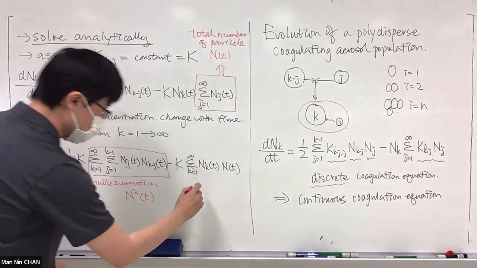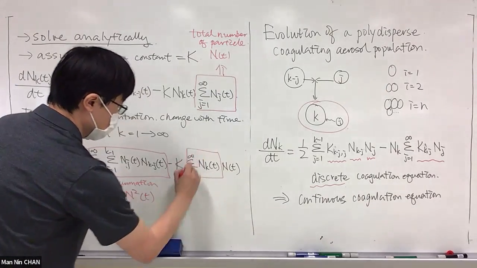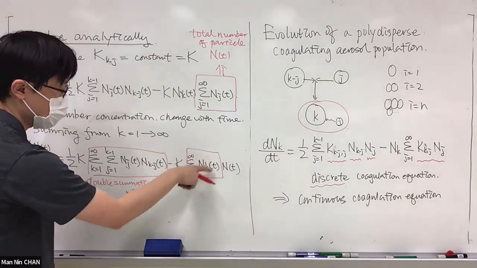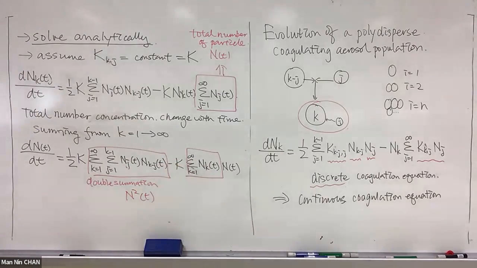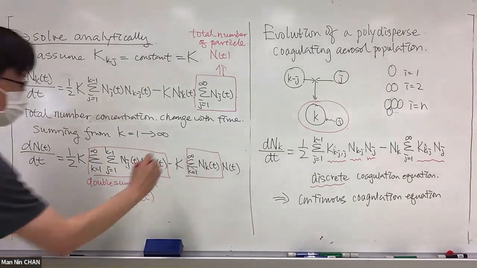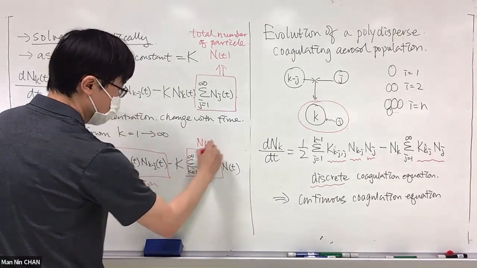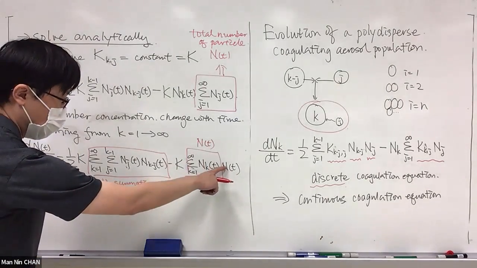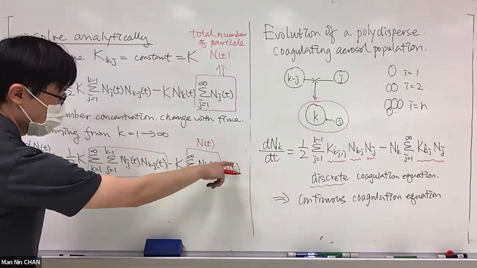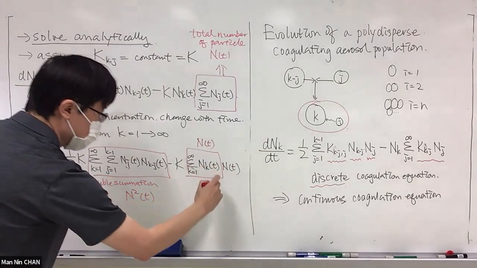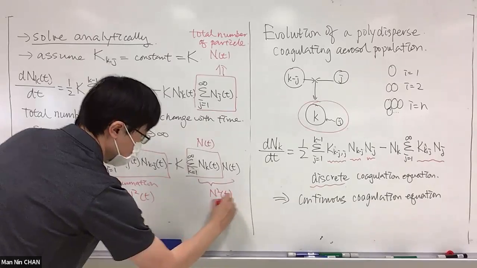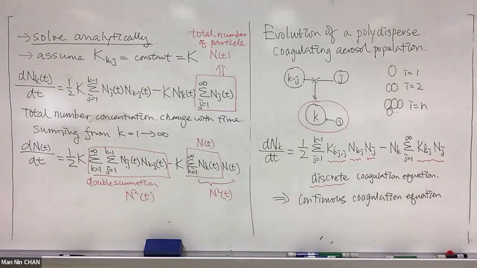Also, if you look at this other term, and you do the summation of all the k, this will also give you N_T, the total number concentration. So this also gives you N_T squared. If you combine these two, you also have this N_T squared.